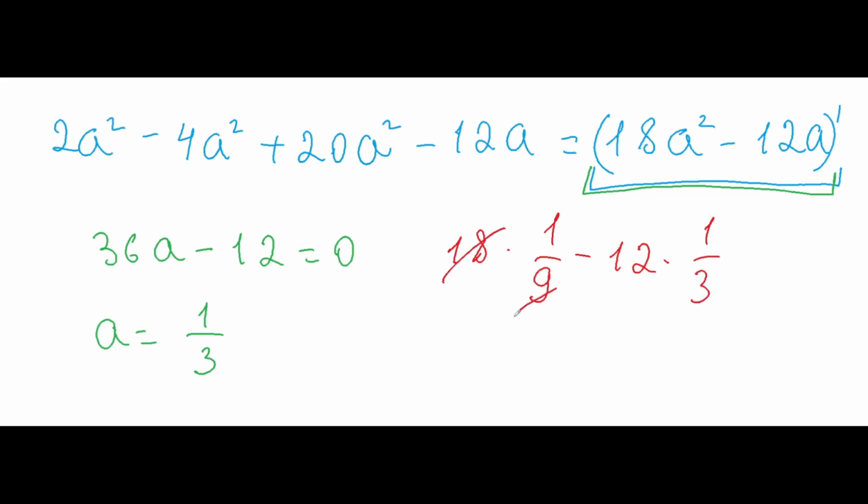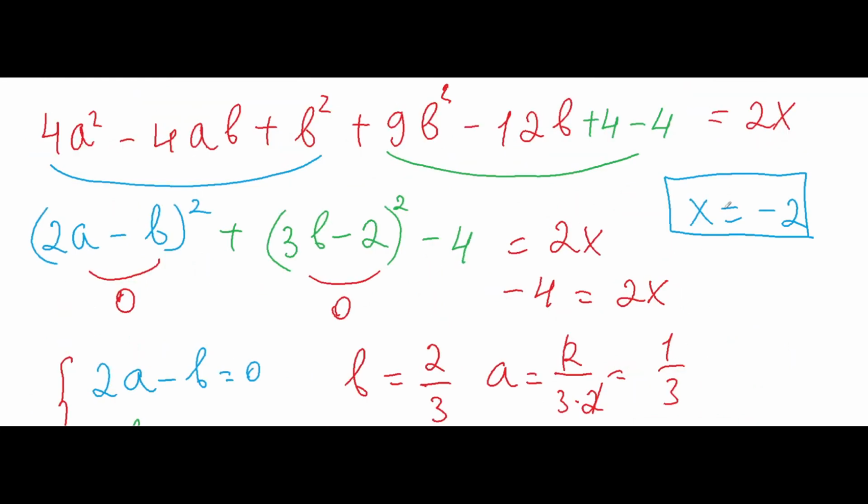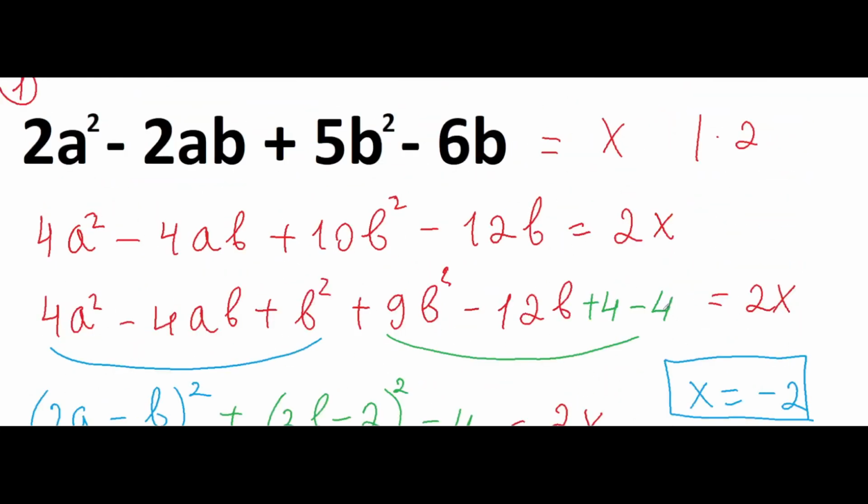We'll get here, it will cancel 2, and here 4. And at the end, 2 minus 4 will give us minus 2. And this is the answer that is the same as the first approach.